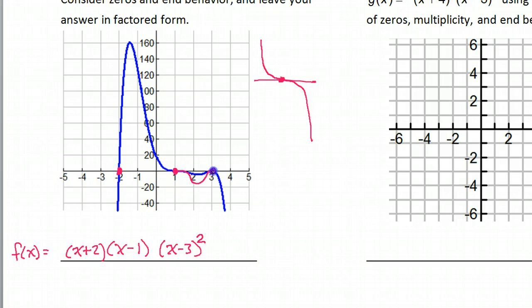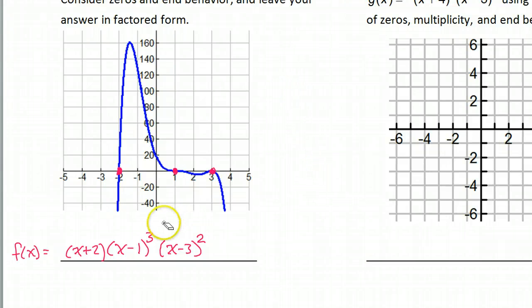I'm exaggerating it to make it more obvious. Even though it's a shallow dip here, it's curving in, and then it's curving the other way on its way out. That is an inflection. And at an inflection, that lets you know that it is the third power. It's a triple root. So I'm going to have to cube that factor. You have to take that multiplicity into account.